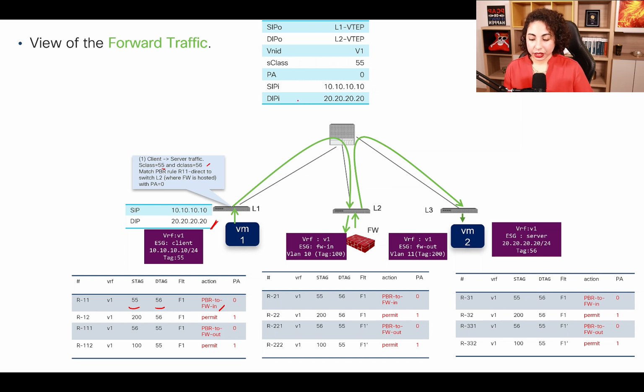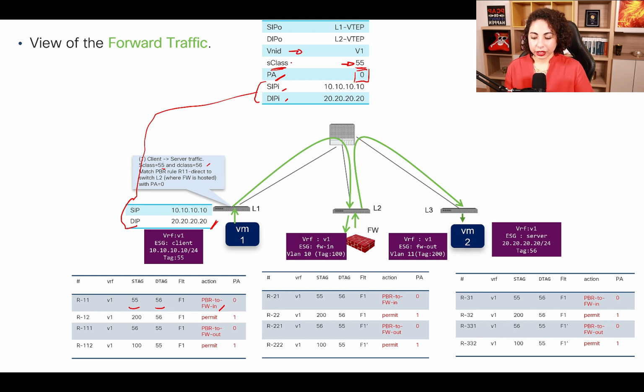So from the perspective of the inner IP addresses, obviously we are maintaining the original packet, which was this one. Then we say that the policy applied is 0 because it was a redirect rule. The source class, so the source group tag, the SGT actually, will be set to 55, which is obviously the tag of the group to which the source belongs.